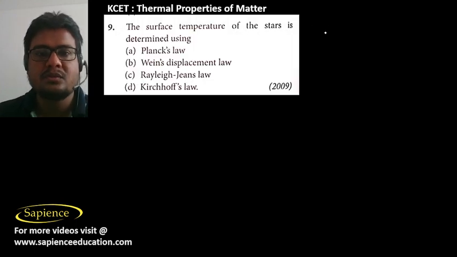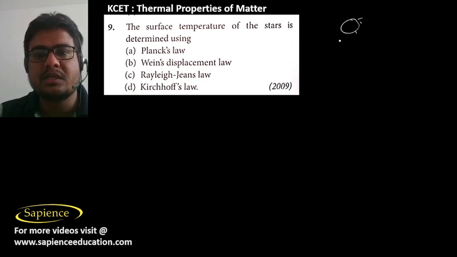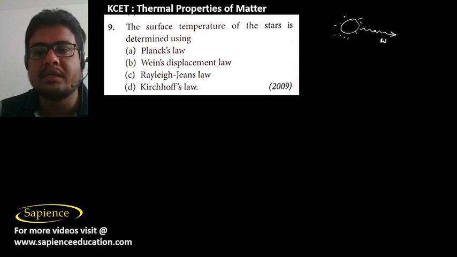Then here it is told, the surface temperature of the stars is determined by using... the Wien's displacement law. Since for a star, first we have to observe the wavelength of the radiation which is being radiated by it.